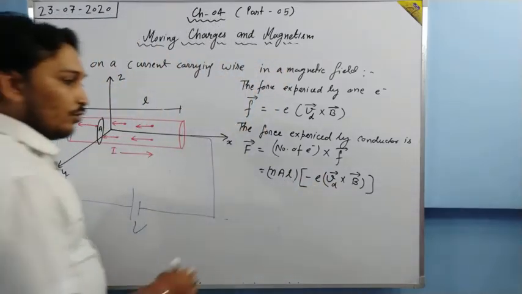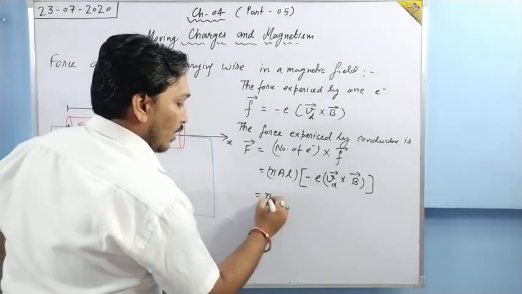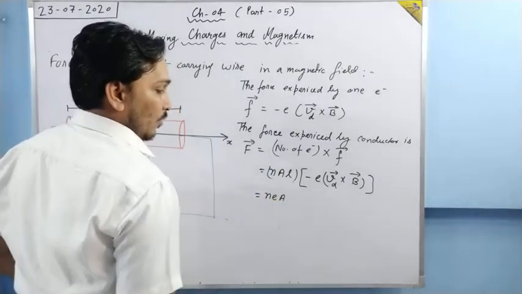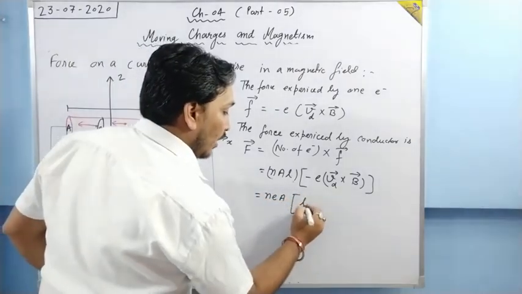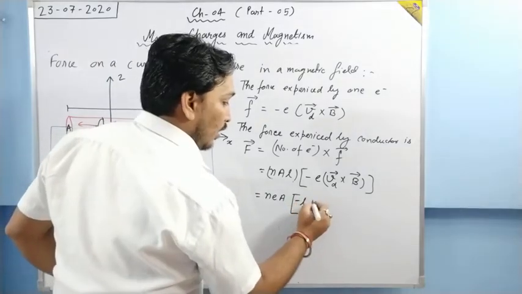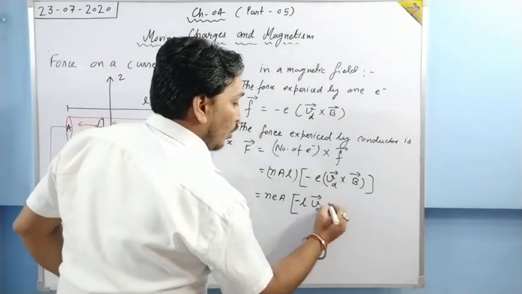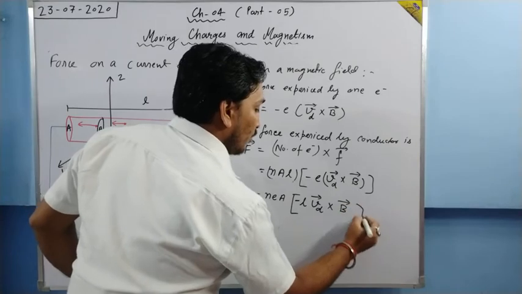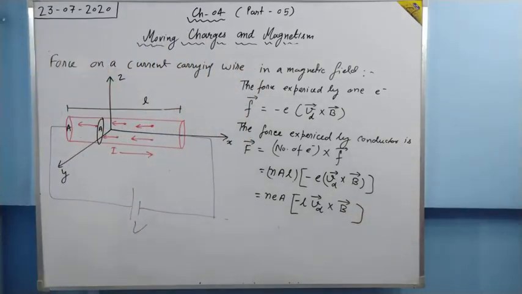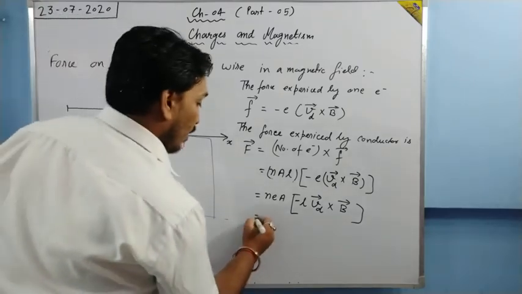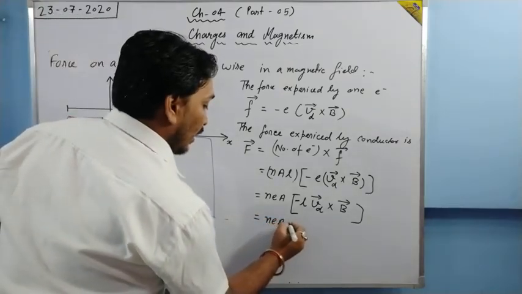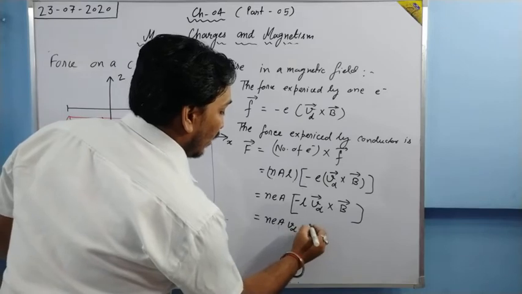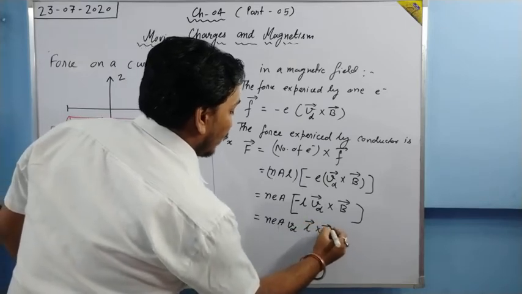Now what I am going to do, just see. nEA. I am going to write L, minus L into Vd vector cross B vector. And now it is going to be nEA Vd L vector cross B vector.